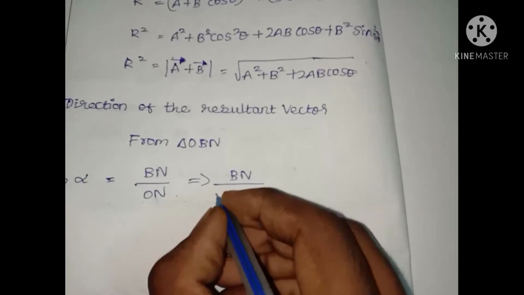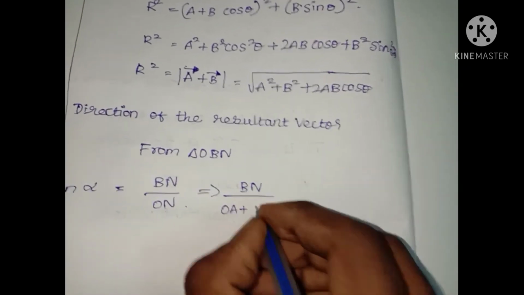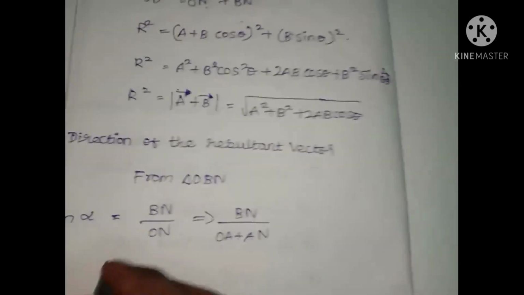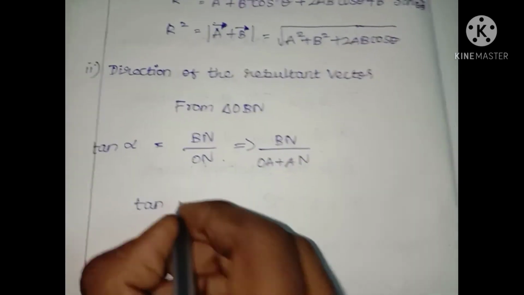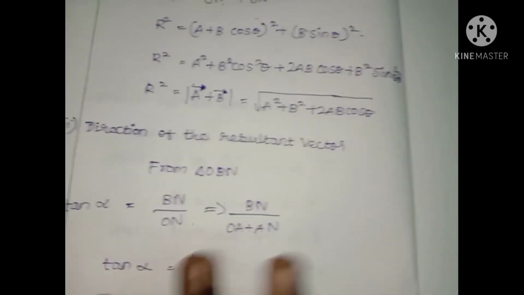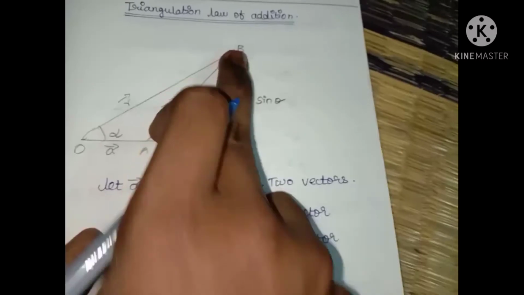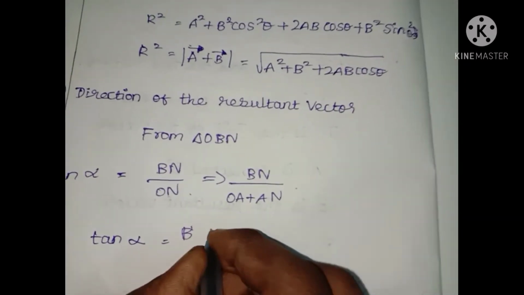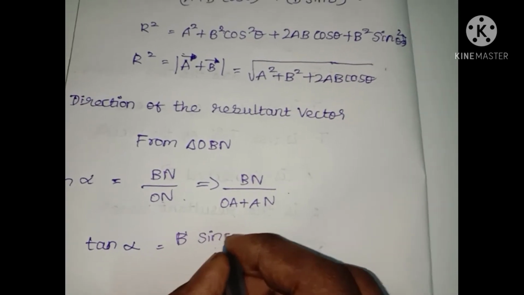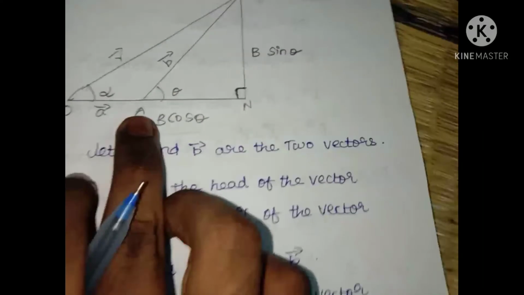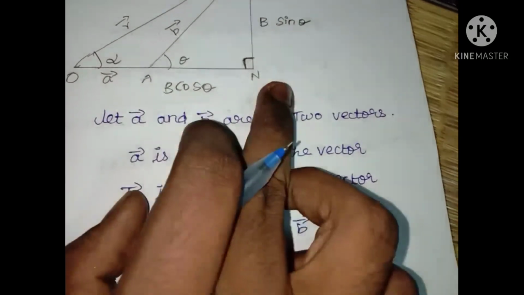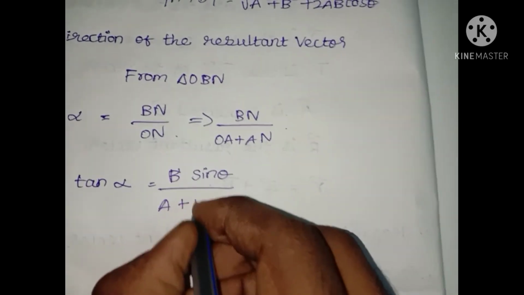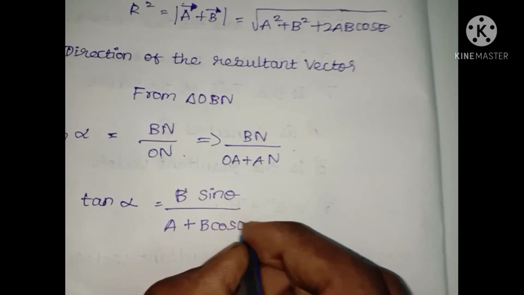BN is B sin theta, and AN is B cos theta, right? So tan alpha is equal to B sin theta by A plus B cos theta.